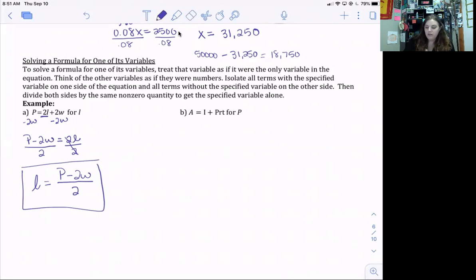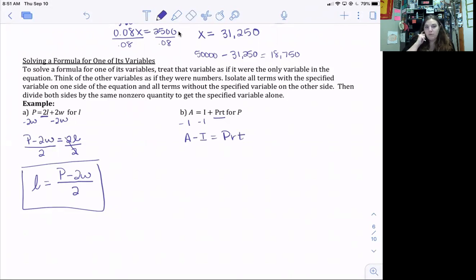Okay, and looking at B, we have A equals I plus P times R times T. Same steps, we want to get our P by itself. So we're going to move the I to the other side by subtracting it. So A minus I equals PRT.